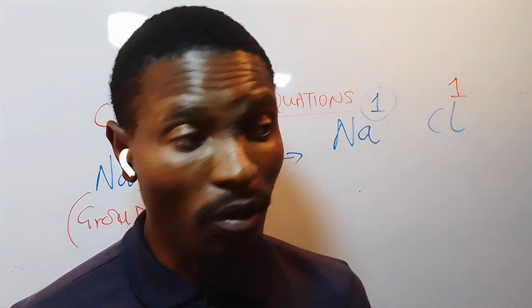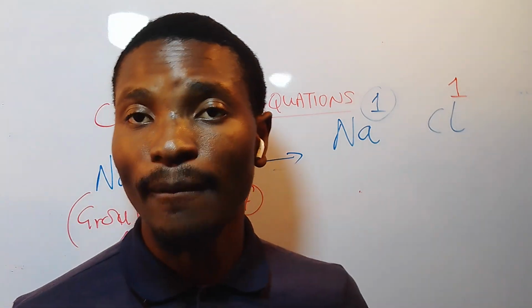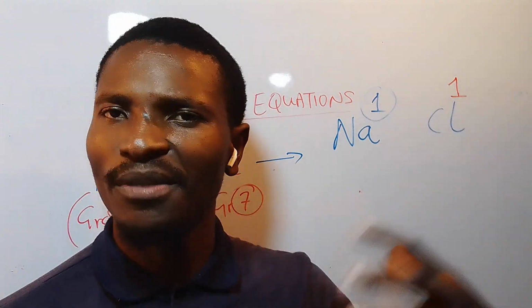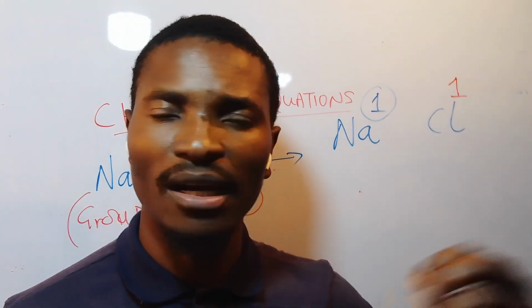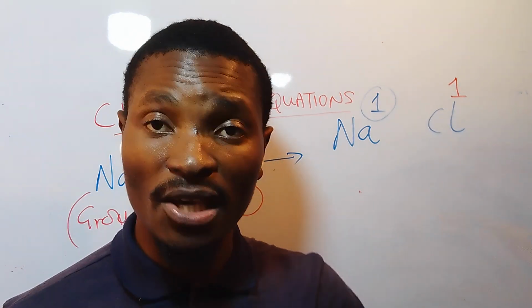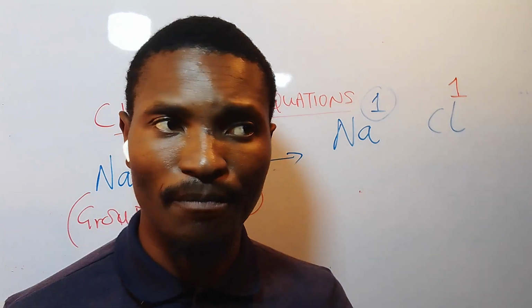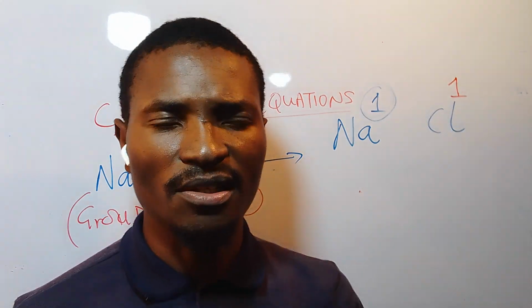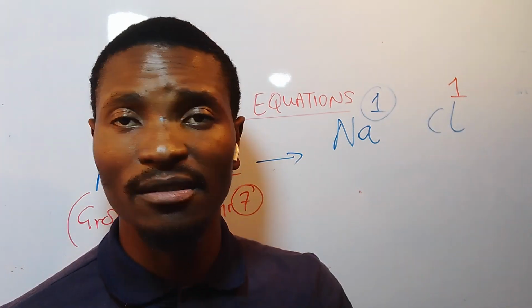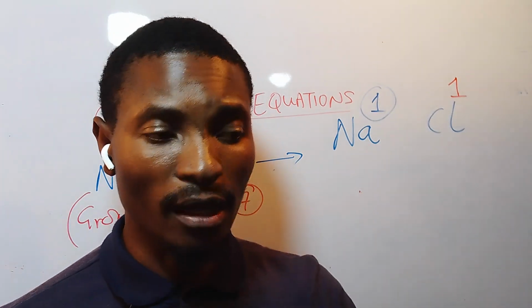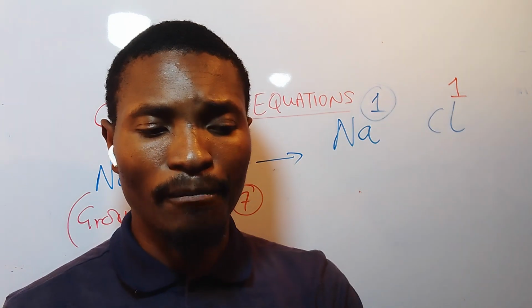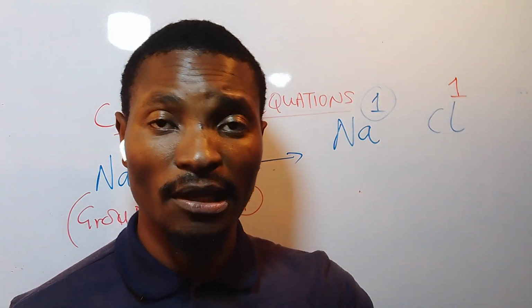For example, calcium is in group 2, meaning the number of electrons that are going to participate in the chemical reaction is 2. If you are talking about aluminium, it is in group 3 of the periodic table, so the number of electrons for aluminium as a metal is going to be 3, okay?